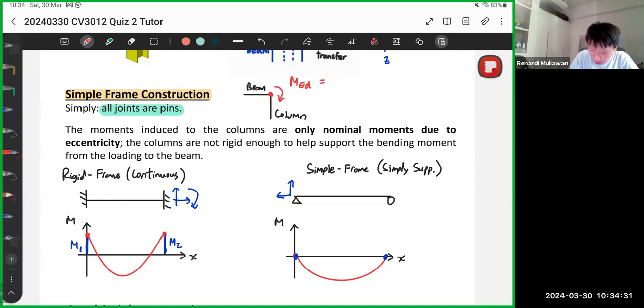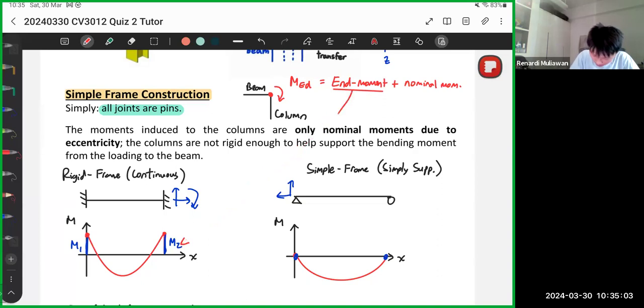The moment on the column is actually caused by what we call the end moment of the beam plus the nominal moment. So that's actually the MED. So these are the end moments.